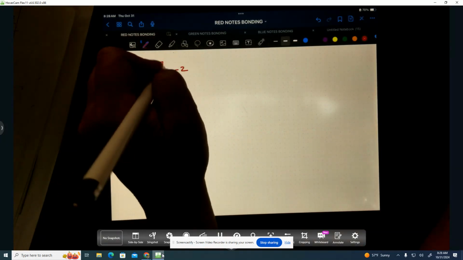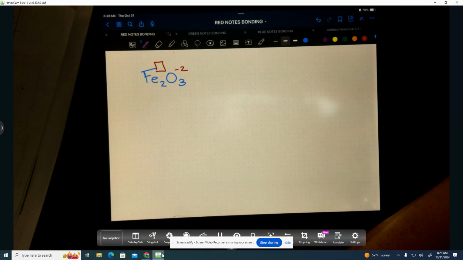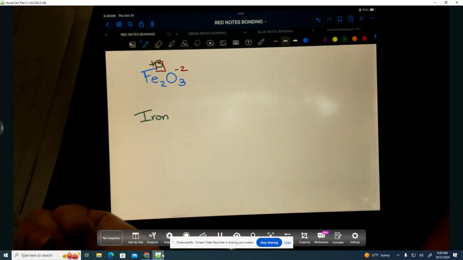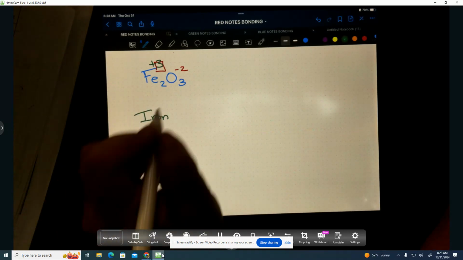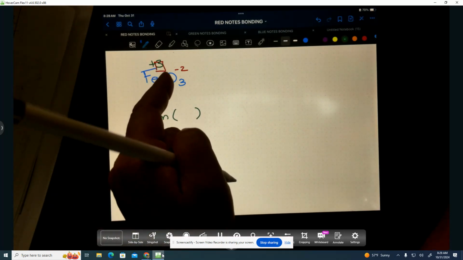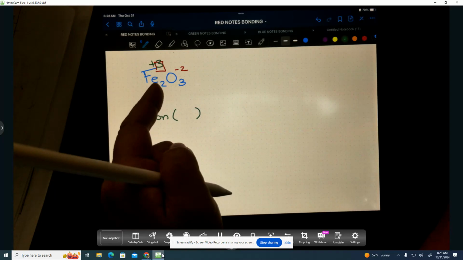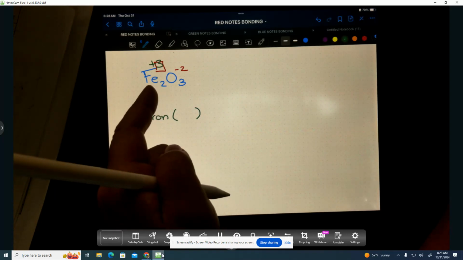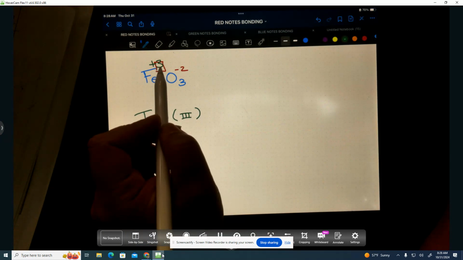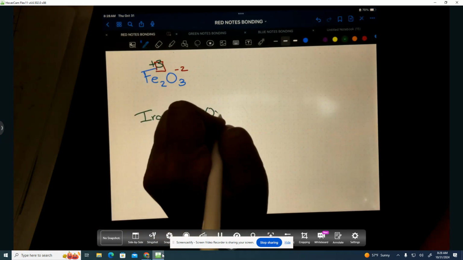What number went here? +3. So when I write the name of this, I am going to write iron, and then I'm going to put a Roman numeral because that iron has multiple oxidation numbers, multiple charges. I'm going to put a 3 because I used the +3 charge, oxide.